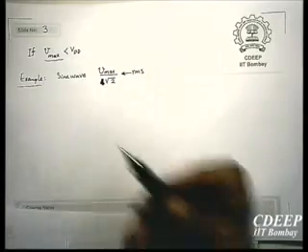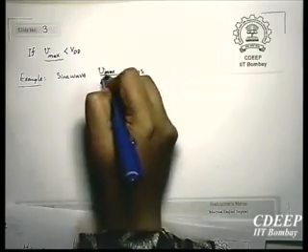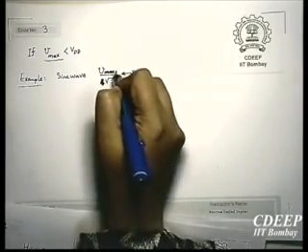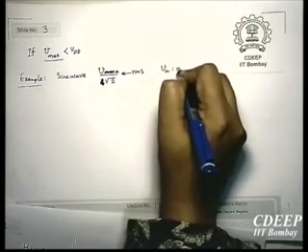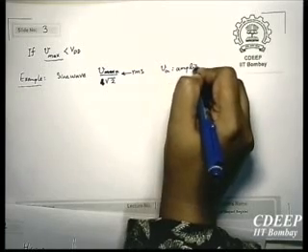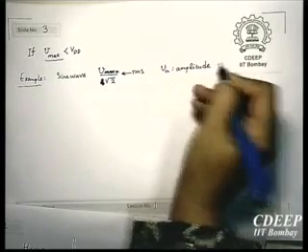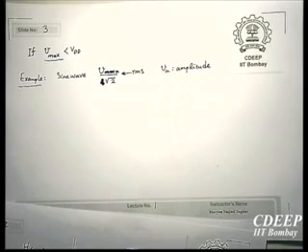What is Vmax? It's better to use Va instead of Vmax, where Va is the amplitude. So this is the RMS value of a sine wave.